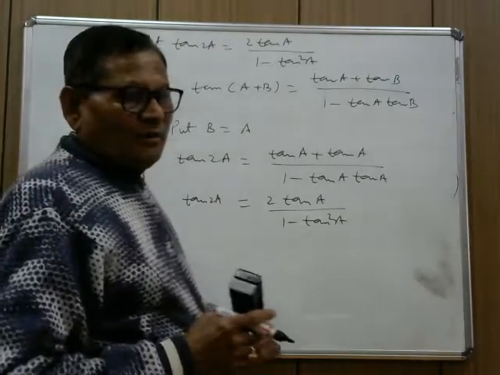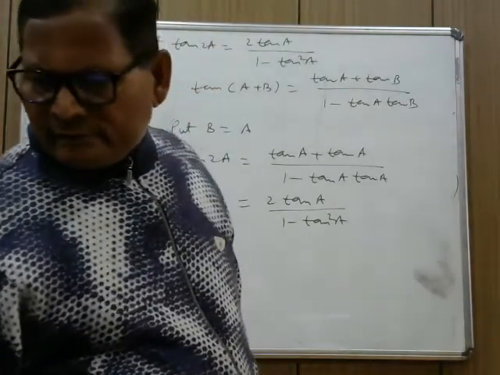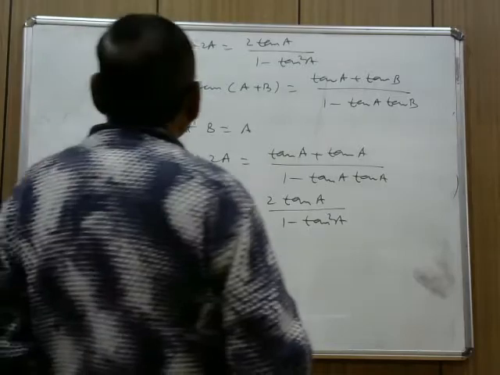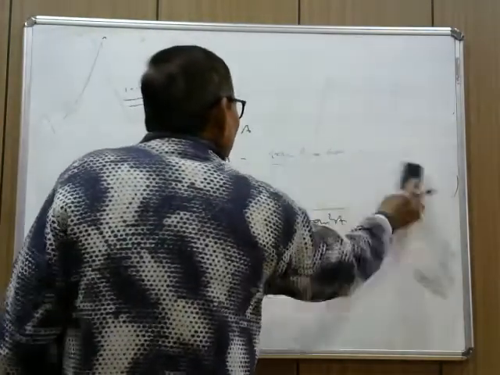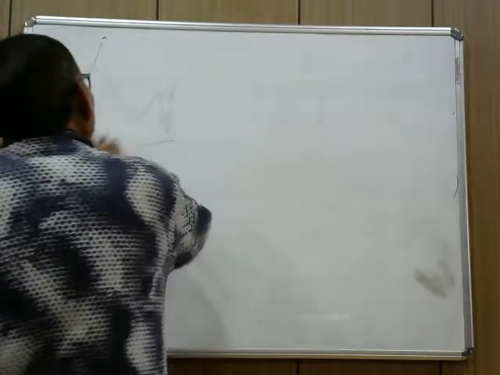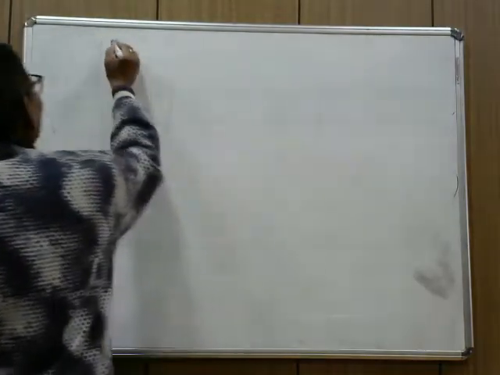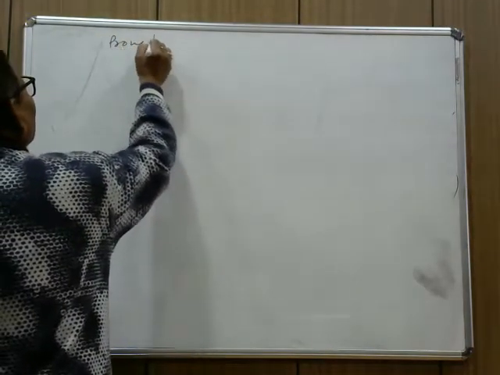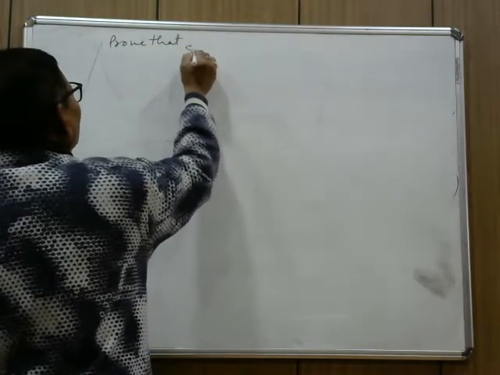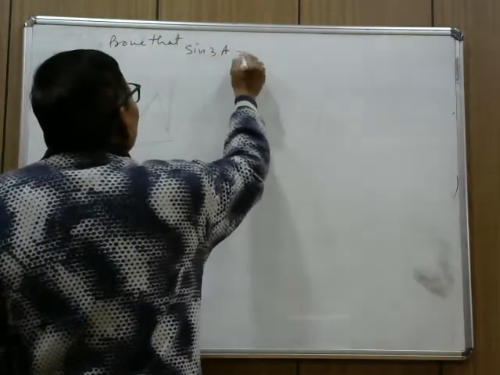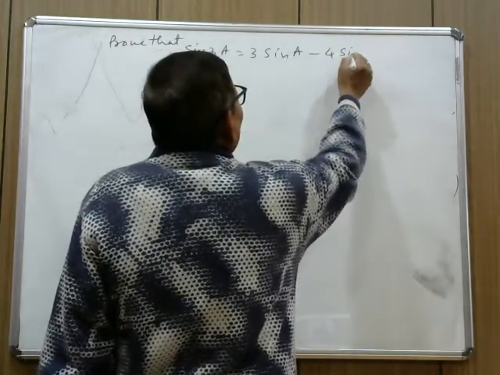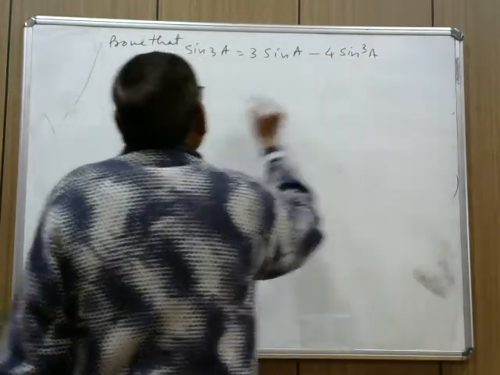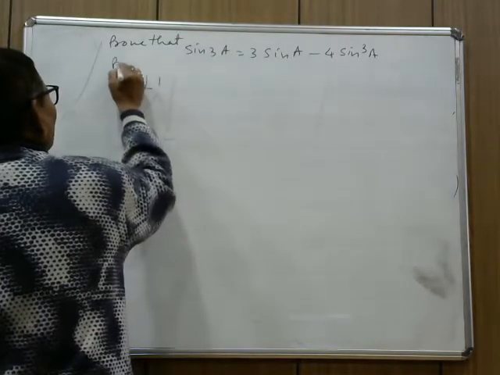Now prove that sin 3A is equal to 3 sin A minus 4 sin cube A. LHS proof.